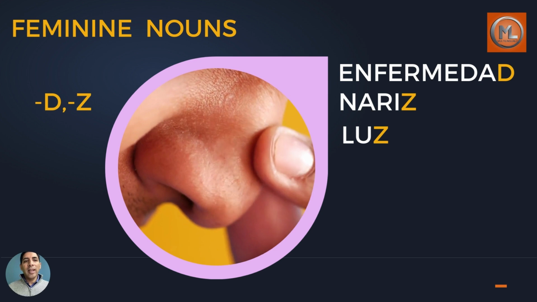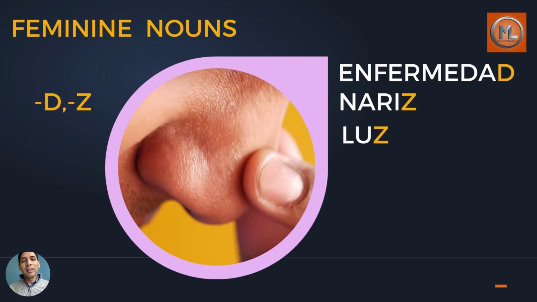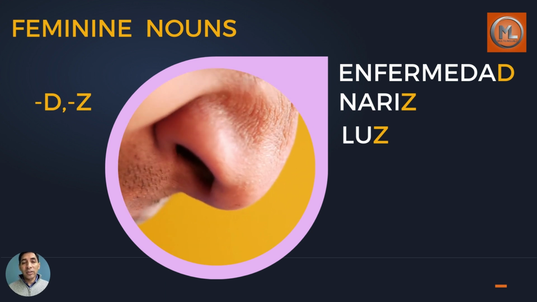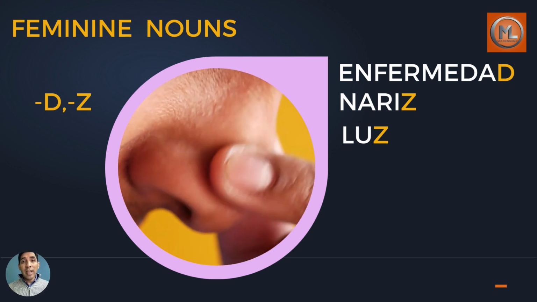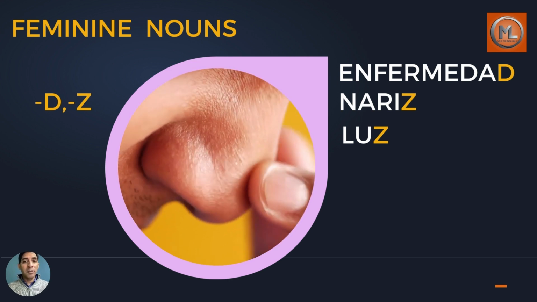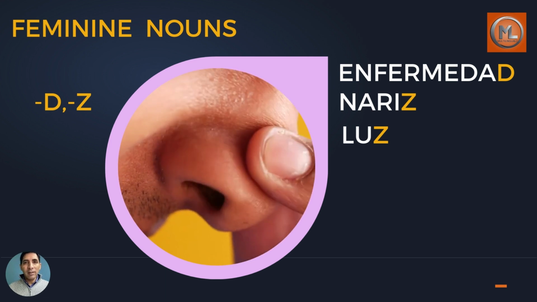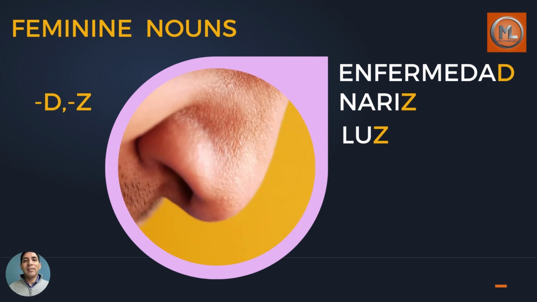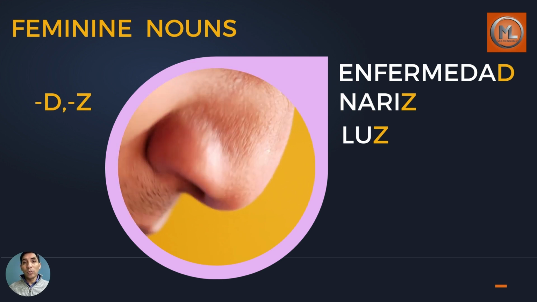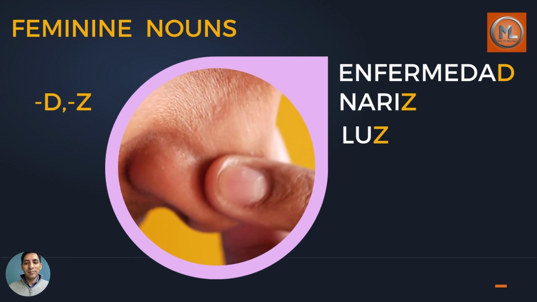Also, feminine nouns end in D and Z. Before we said that all nouns ending in consonants other than D and Z were masculine, the ones that end in D and Z are feminine, such as enfermedad, disease, nariz, nose, luz, light.